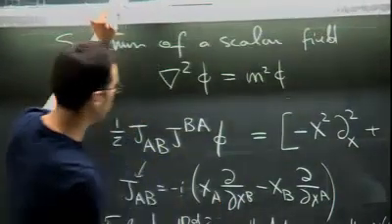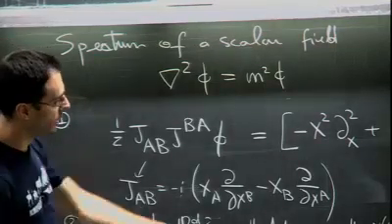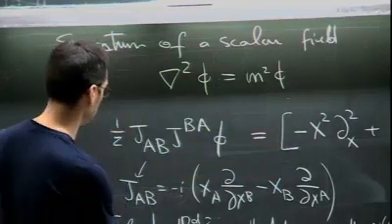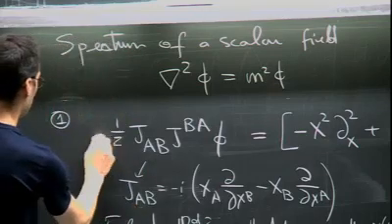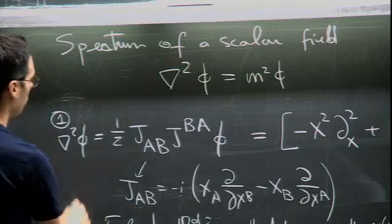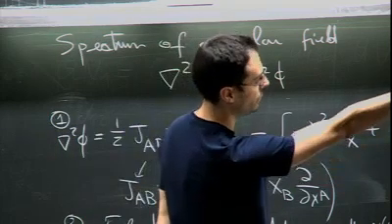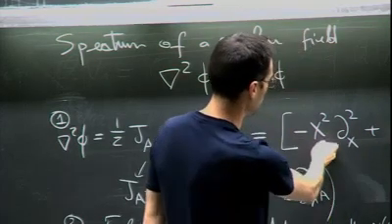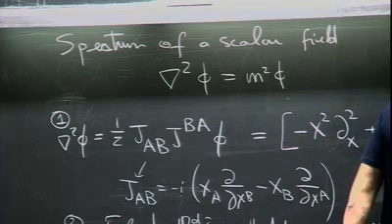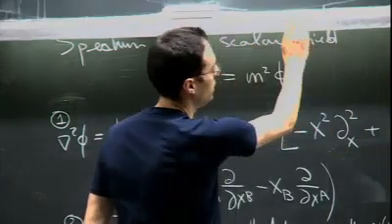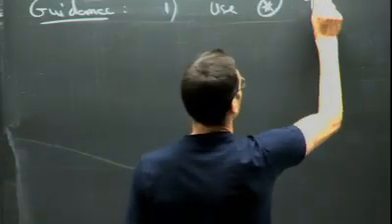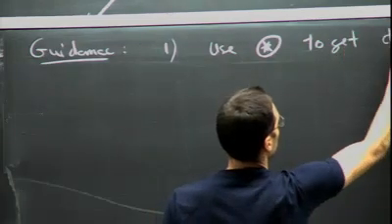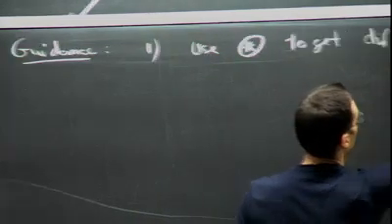The easiest way of acting with the Laplacian is to use this equation. So this is nothing else than the Laplacian acting on phi. If you write in terms of embedding space coordinates, this is the most useful way of writing the Laplacian. Okay, let me call this star. So you should use this equation to get a differential equation in the variable zeta. Okay, that's the first step.